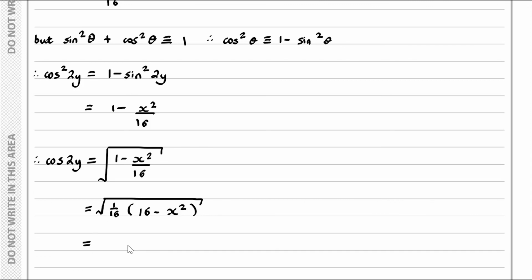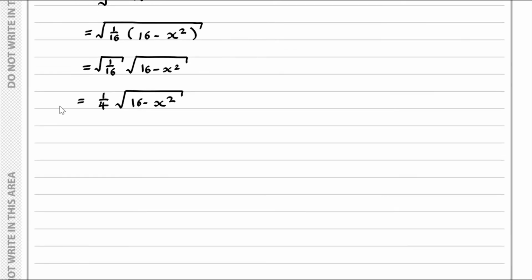And so we can split this up. We have 1 over 16 square rooted times 16 minus x squared square rooted. And 1 over 16 square rooted is 1/4. So we have 1/4 lots of 16 minus x squared square rooted.